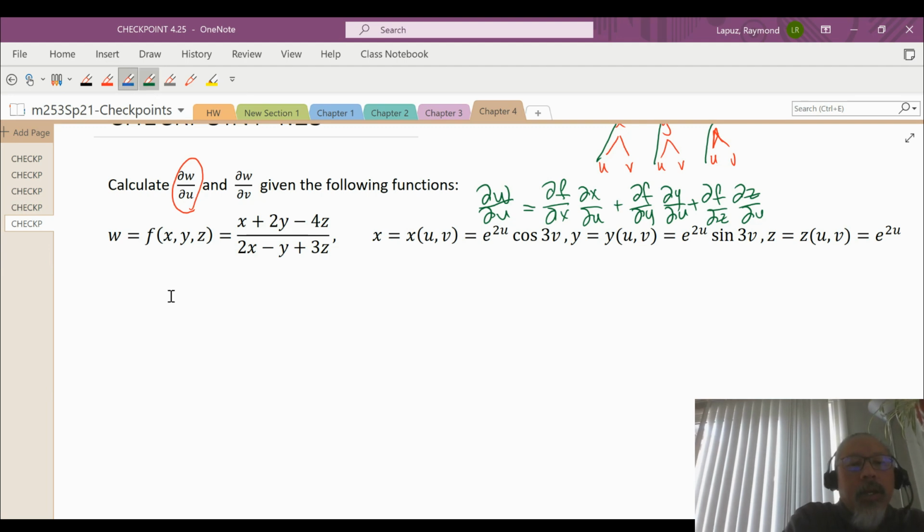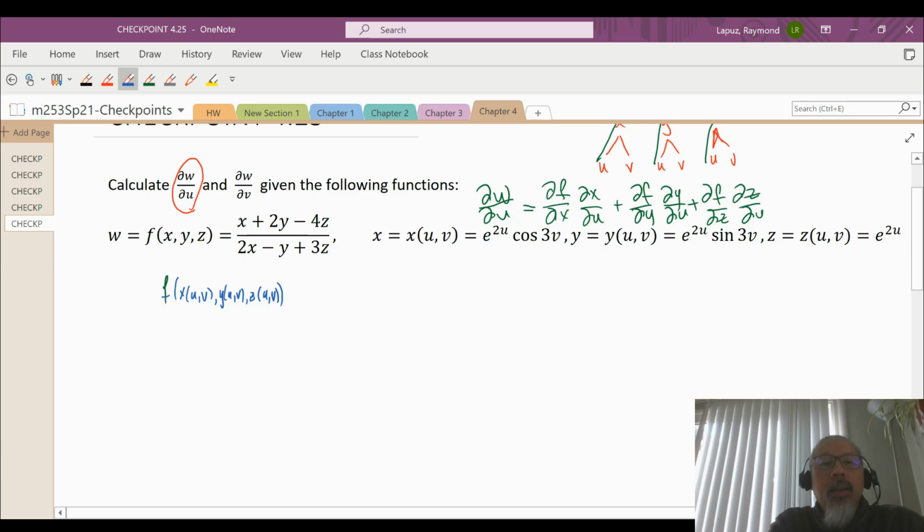We're going to take a look at f, now putting in the functions themselves, x of u and v, y of u and v, and z of u and v. And so we can view this as a new function, maybe we'll call it g, independently as a function of u and v. All right, how's that going to look?